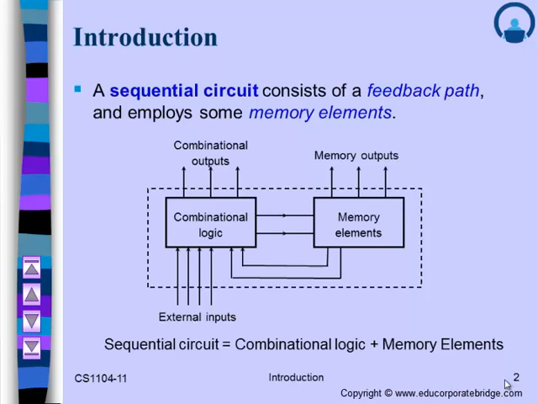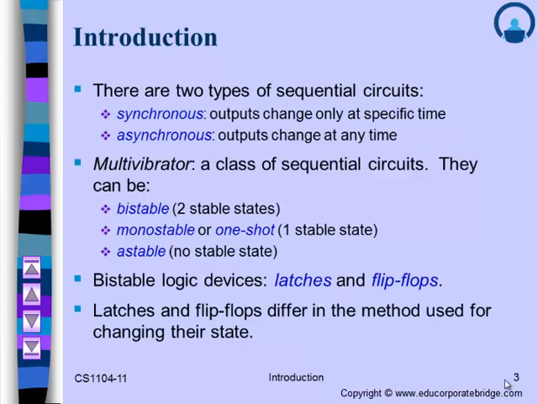We can see from the block diagram that a sequential circuit is a combinational circuit with memory elements, external inputs, and combinational outputs plus memory outputs. There are two types of sequential circuits: synchronous sequential circuits and asynchronous sequential circuits.